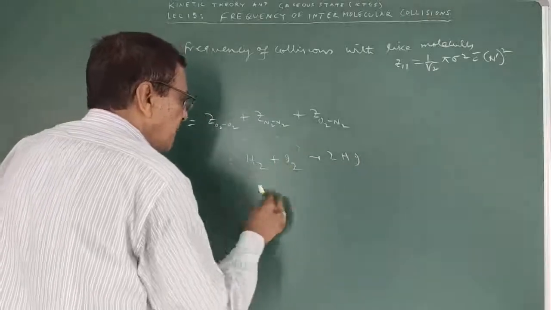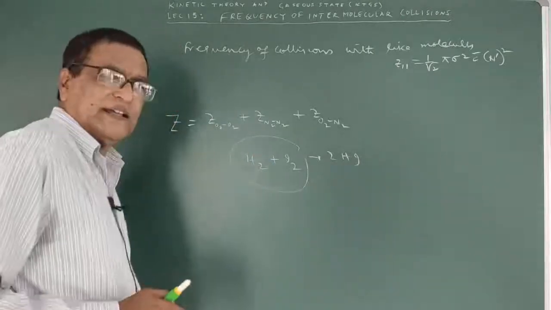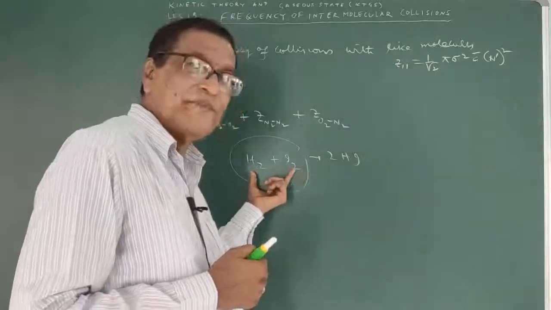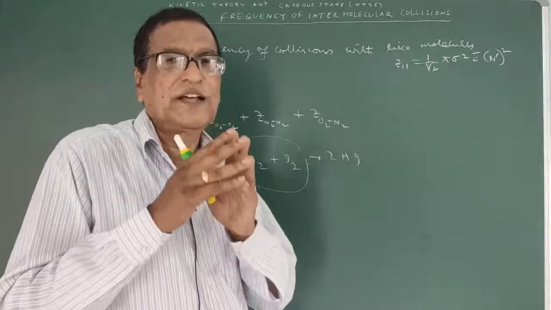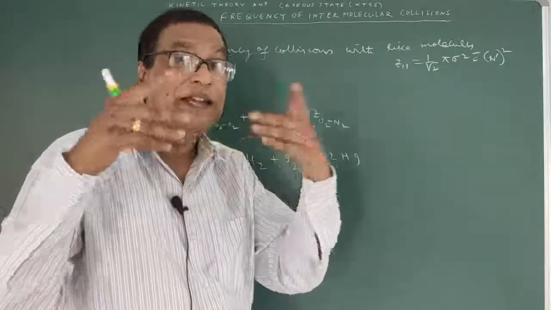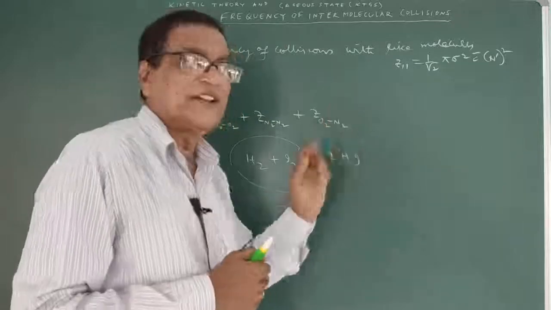So these two, hydrogen and iodine, in the gaseous state will collide, and this is the frequency of intermolecular collisions between two unlike molecules. This is to be calculated.